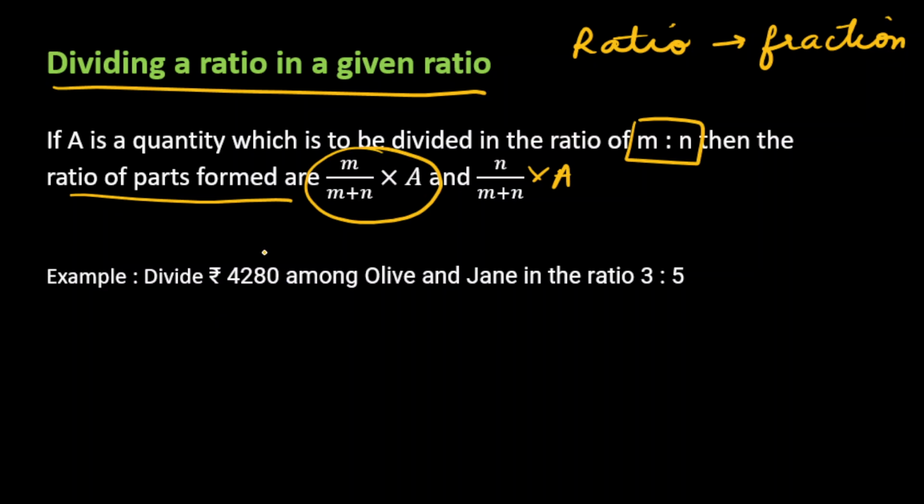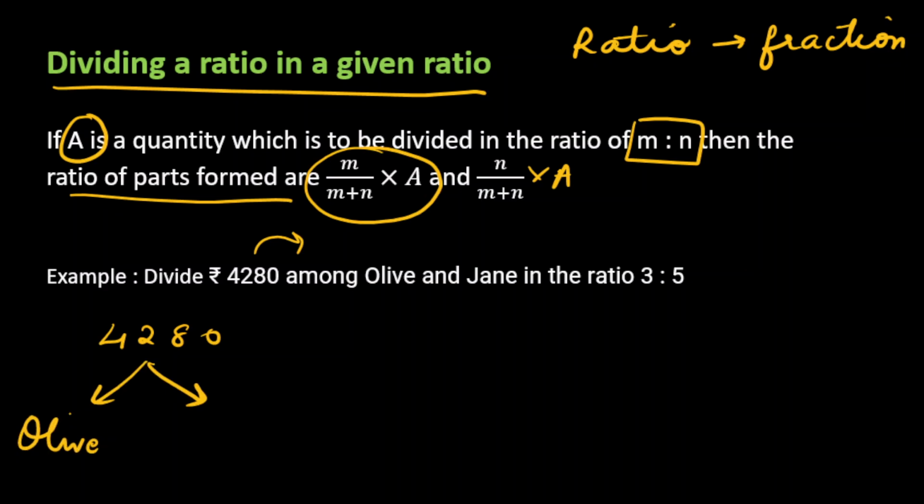Now what is mentioned here? A is the quantity which is divided; here 480 is getting divided into two parts. This money is being divided between Olive and Jane in the ratio 3 is to 5.